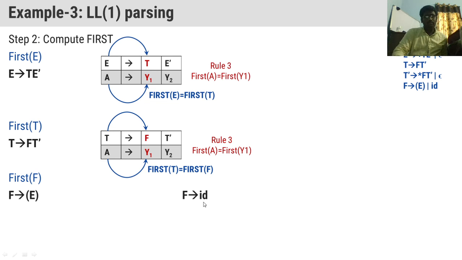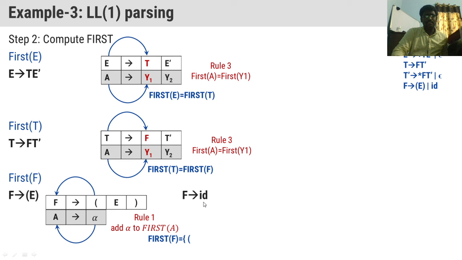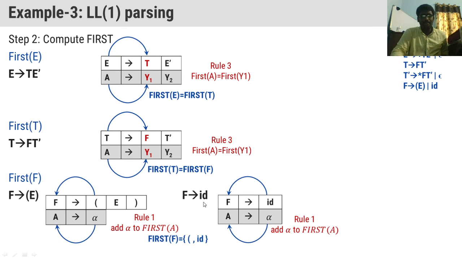So anyhow, the starting symbols of capital F will be left parenthesis comma ID. My dear students, you must understand one thing here. First of E equals left parenthesis comma ID. First of T equals left parenthesis comma ID. First of F equals left parenthesis comma ID.